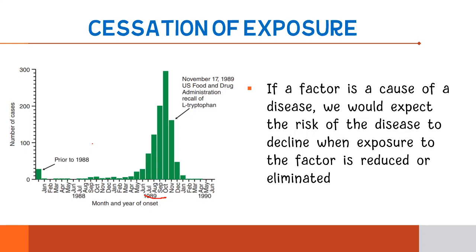Now, the syndrome was found to be associated with manufactured preparations of L-tryptophan. That is why, by November 17, 1989, the U.S. Food and Drug Administration recalled all over-the-counter preparations of L-tryptophan, and as you can see, in the later parts of November, and then by December to January, they observed that the number of individuals getting EMS declined.